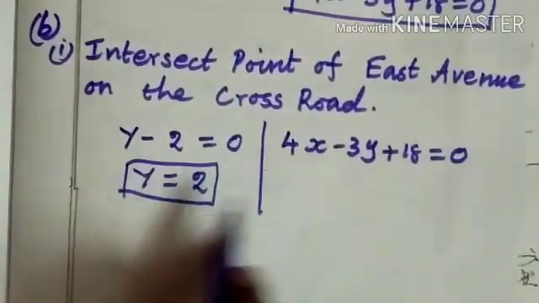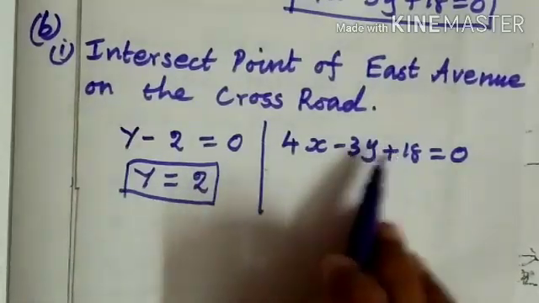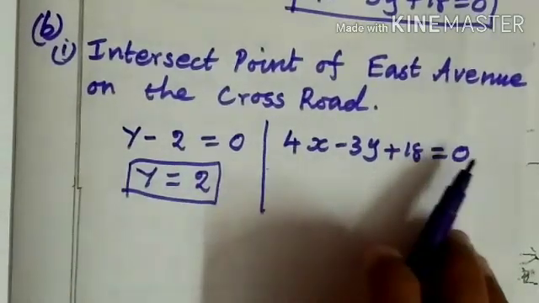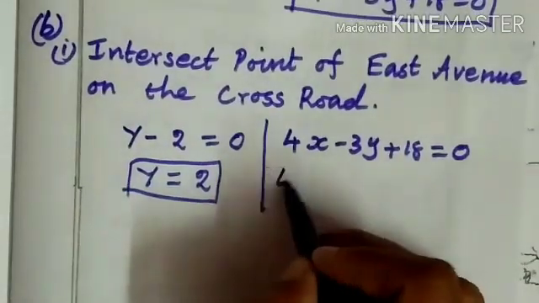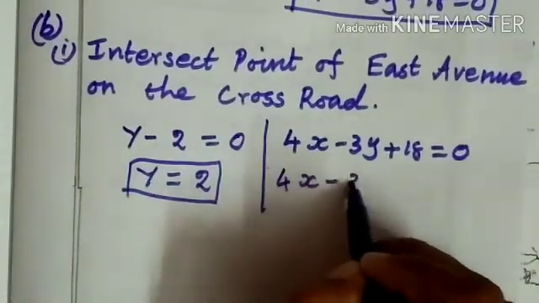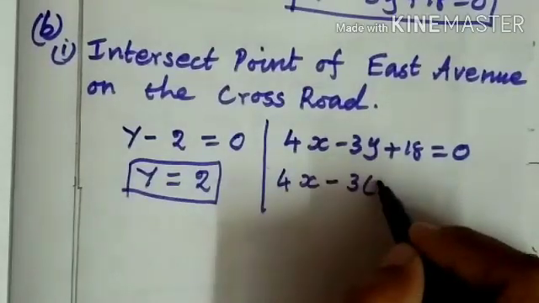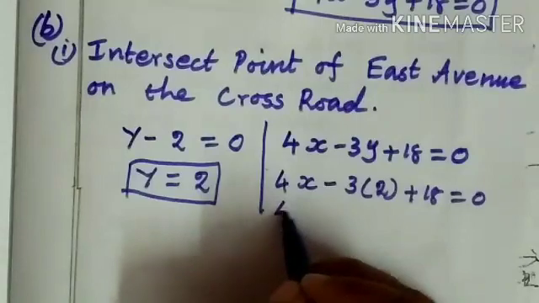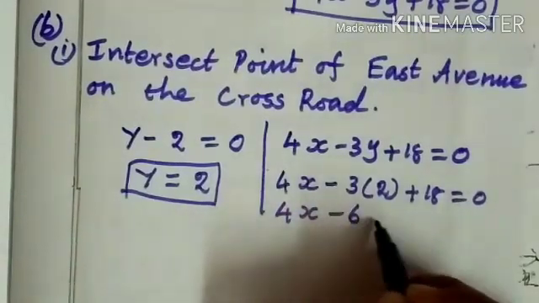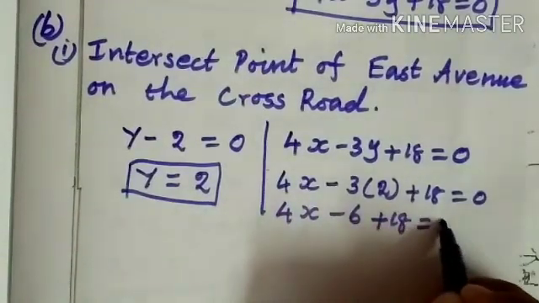In this equation, you have to apply this y value means we get x coordinate, that is 4x minus 3 into 2 plus 18 is equal to 0, that is 4x minus 6 plus 18 is equal to 0.